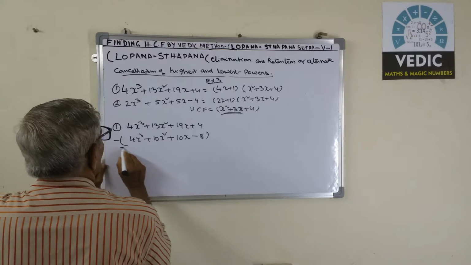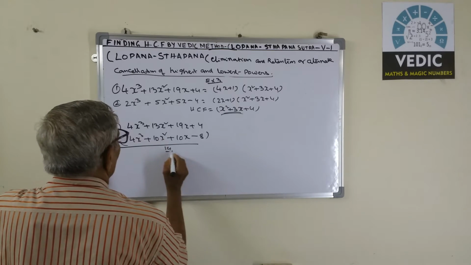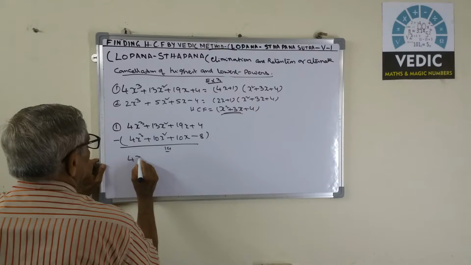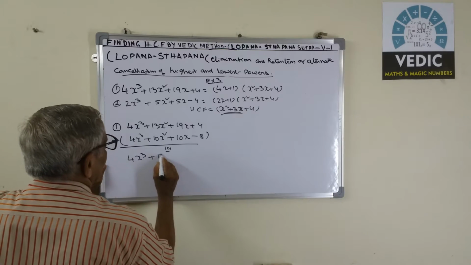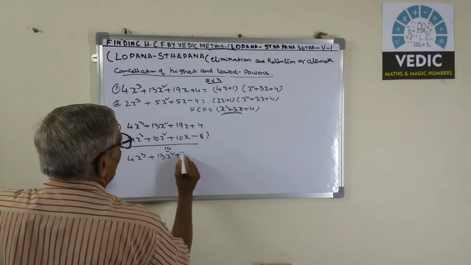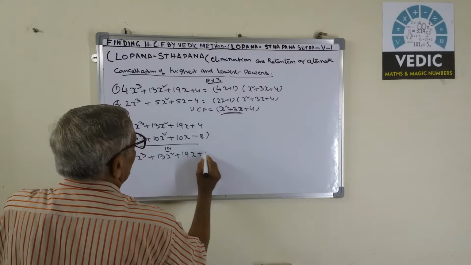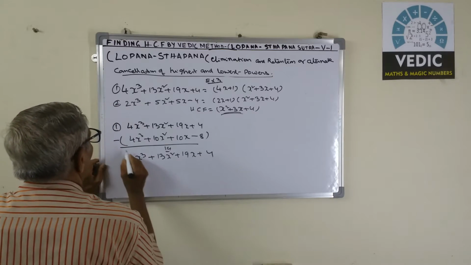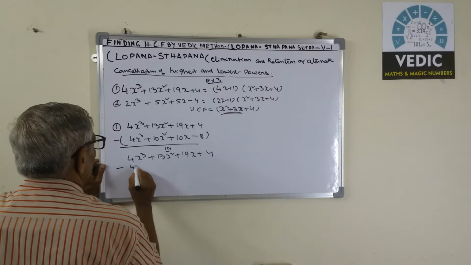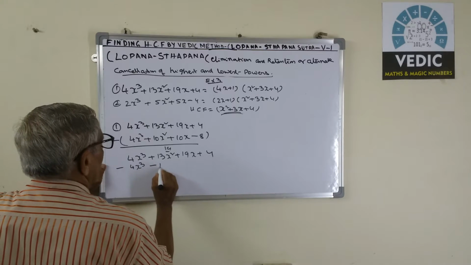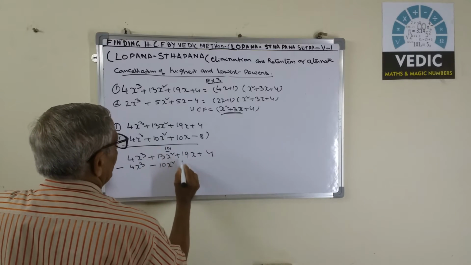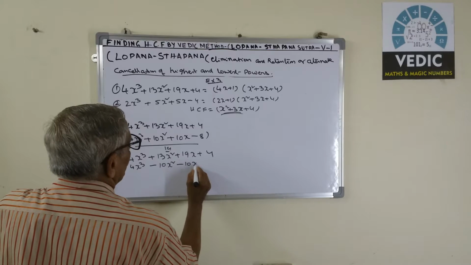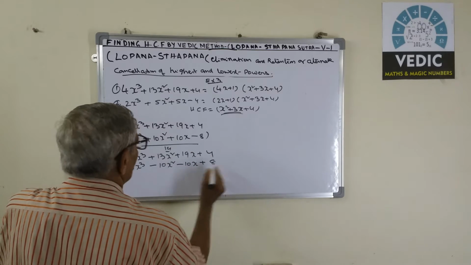That is 4x cube plus 13x square plus 19x plus 4 minus 4x cube minus 10x square minus 10x plus 8.